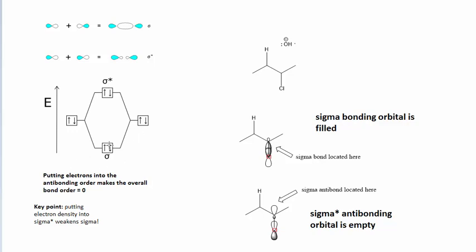There is no longer a sigma bond, the bond fails to exist. If you look at, say, helium-2 as a diatomic species, that's why it doesn't exist. Now, what I'm trying to say is if you put electrons into the sigma star orbital, you severely weaken the sigma bonding orbital to the extent that it will actually break.